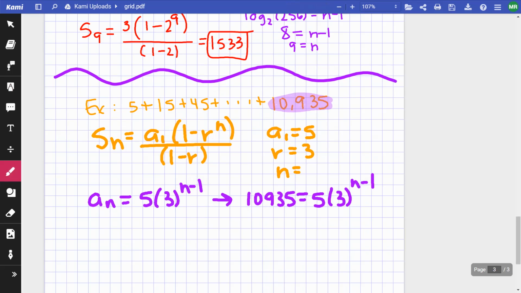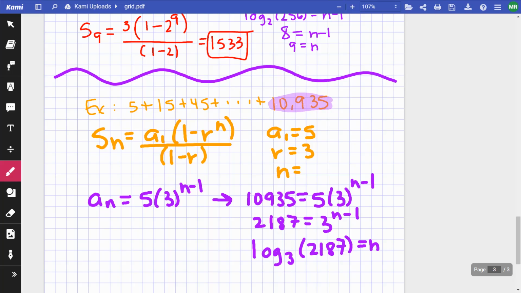I'm going to divide both sides by 5. And when I take 10,935 divided by 5, I get 2,187 is equal to 3 to the n minus 1. I'm going to go log base 3 of 2,187 equals n minus 1.